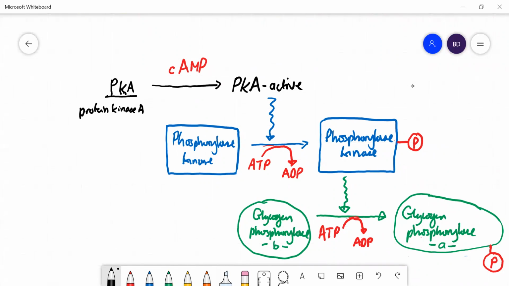It's an enzyme. It's inactive unless you get cyclic AMP binding to it. Okay, cyclic AMP binds to it, it becomes active, and what protein kinase A will do is it will stick phosphate groups onto proteins.